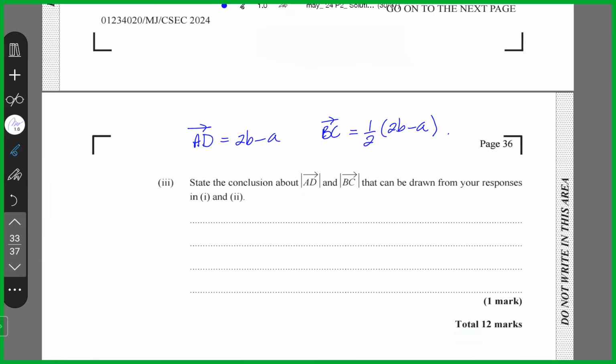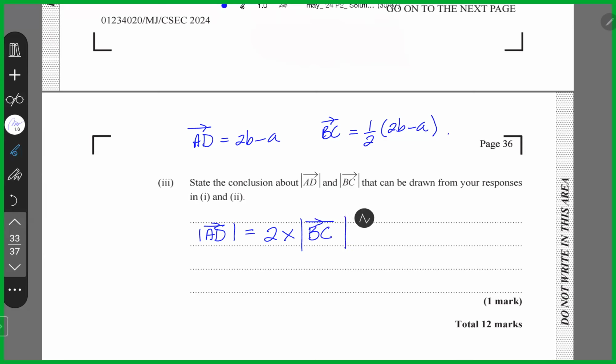Well, that can be drawn from your responses in I and II. The magnitude of AD is equal to 2 times the magnitude of BC.